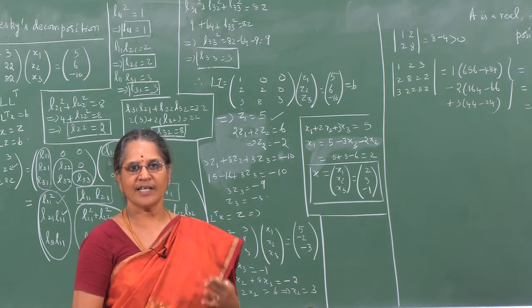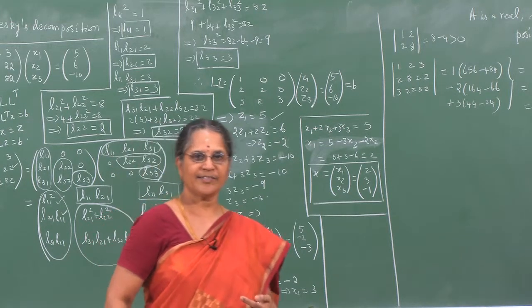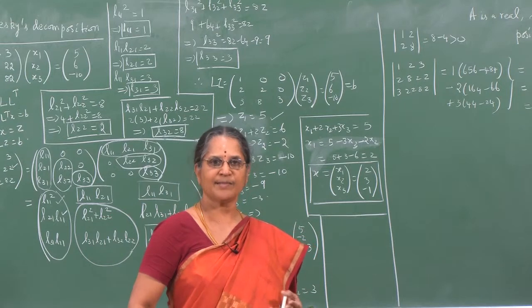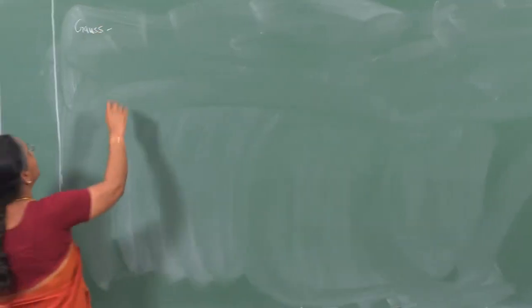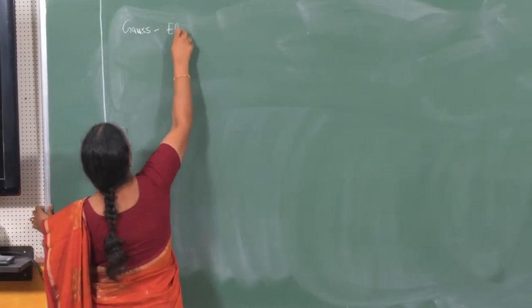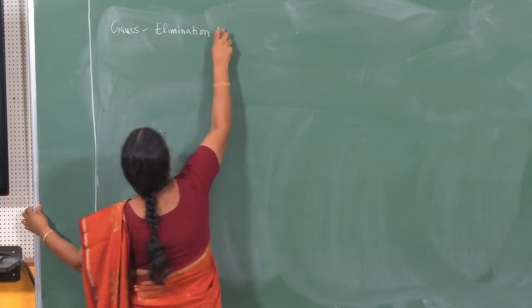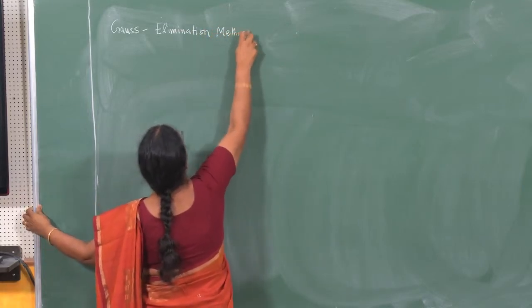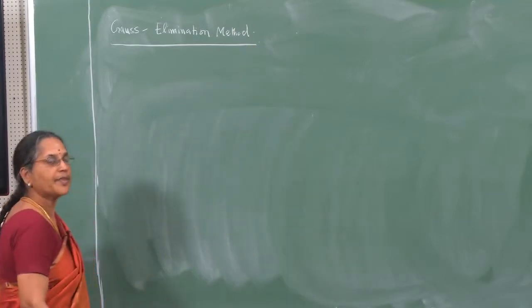So, we shall try to understand Gauss elimination method and see how we can solve a system of equations by this method. So, we consider Gauss elimination method. What does this method do?